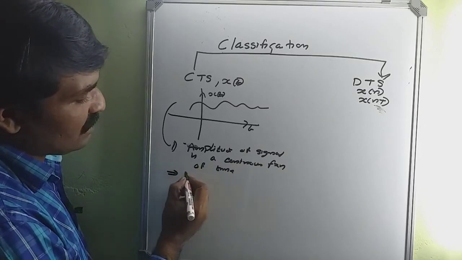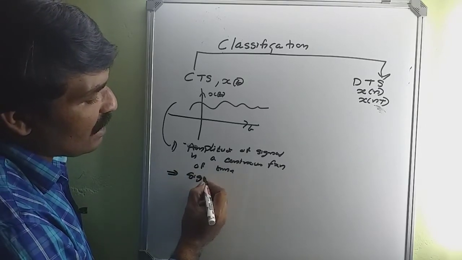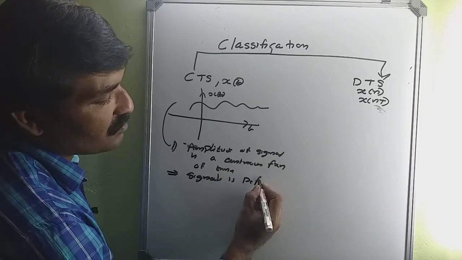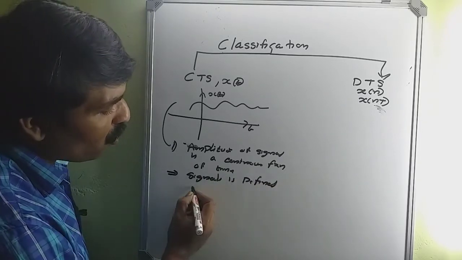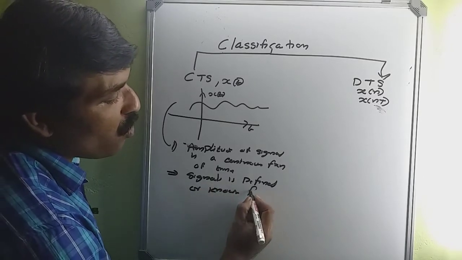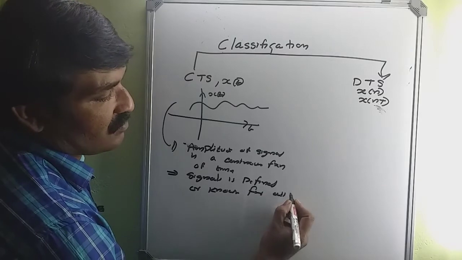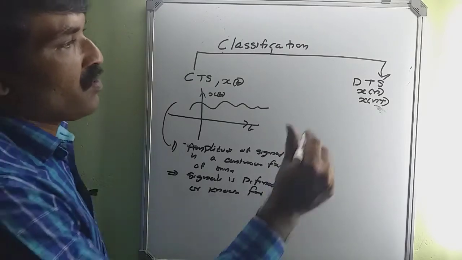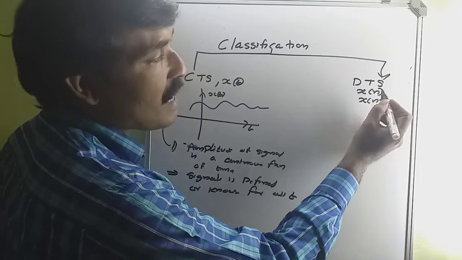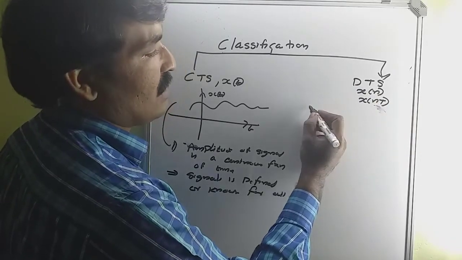That means the signal is defined or known for all t. On the other hand, a discrete time signal is represented by x of n or x of nT.